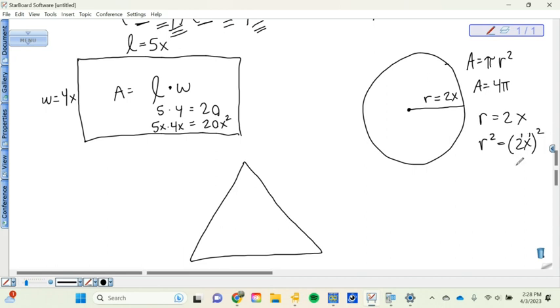That becomes 2 to the 1 times 2, so 2 squared, and then x to the 1 times 2, x squared. What's 2 squared? So in this case, the radius is 2x. That means the radius squared is 4x squared. So then the area would be pi times 4x squared.